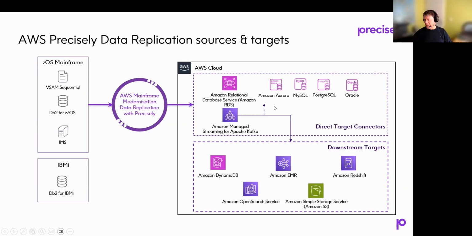And what is not mentioned in this slide is RDS DB2. That's the second question that came in. Last week or 2 weeks ago, RDS DB2 was announced as the next supported RDS target in AWS Cloud.